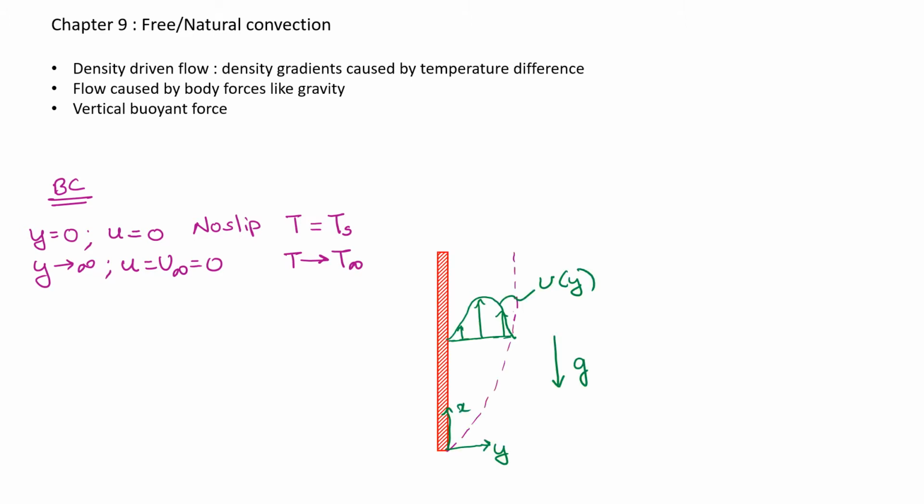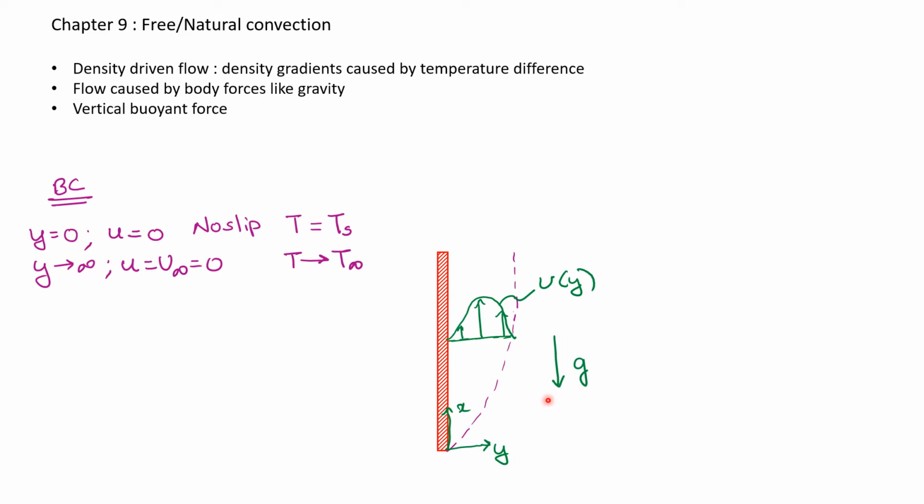Let's go back to fluid mechanics once. Let's say you have a vertical plate, and you have gravity in the downward direction as shown here. There are ambient conditions, and there's no free stream flow flowing across the plate.